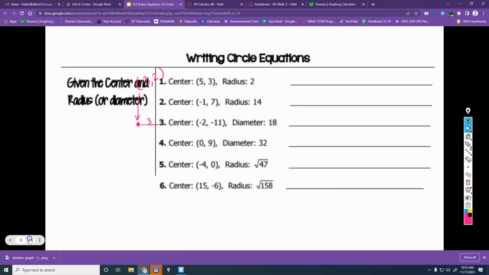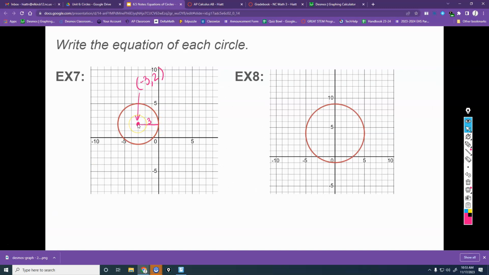So this is the center of the circle. You just find the middle point there. The coordinates of that are -3, +2, just reading those coordinates off. You go left 3, you go up 2. So -3, 2, and the radius is 3.